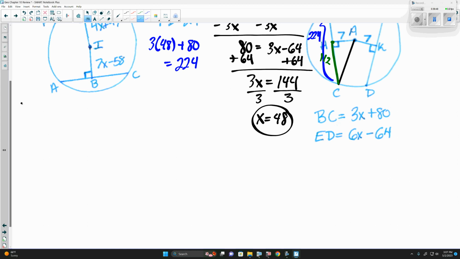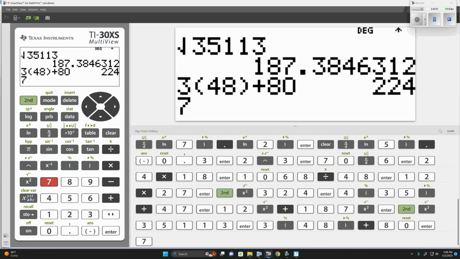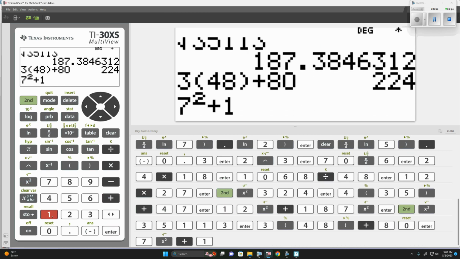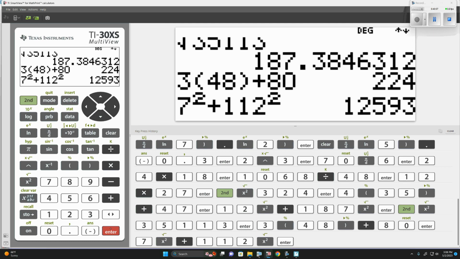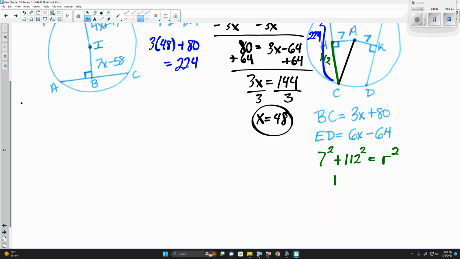So for this problem here, a squared plus b squared equals c squared, so we're saying 7 squared plus 112 squared is equal to c squared, or the radius squared. At this point here, we can plug it into the calculator. 7 squared plus 112 squared is 12,593.